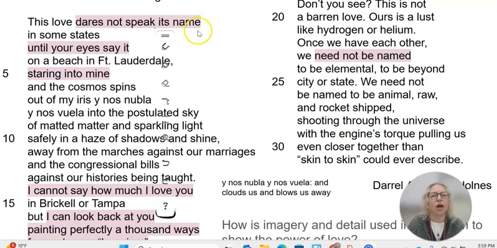And so eyes was really the key here. So: dares not speak its name until your eyes say it, staring into mine. I cannot say how much I love you. I can look back at you painting perfectly 1,000 ways for me to say be mine, need not be named. And so all of these have to do with speaking through eye contact rather than using a voice.